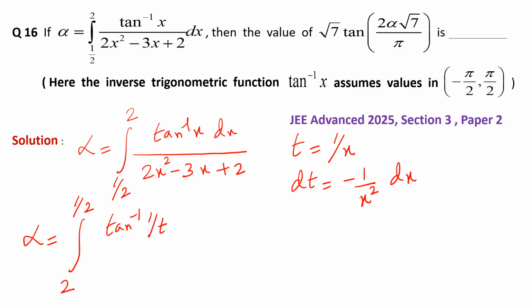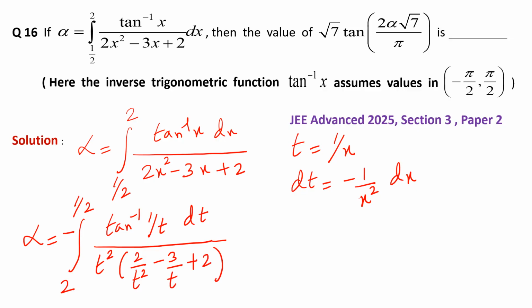So I am taking out minus common outside, and inside it is dt upon t square, and in the denominator 2x square minus 3x plus 2 can be written as 2 upon t square minus 3 upon t plus 2, because we have replaced x by 1 upon t.